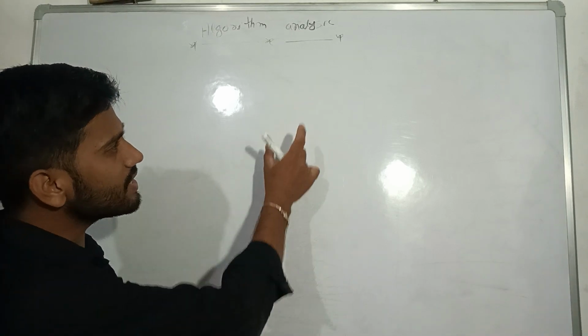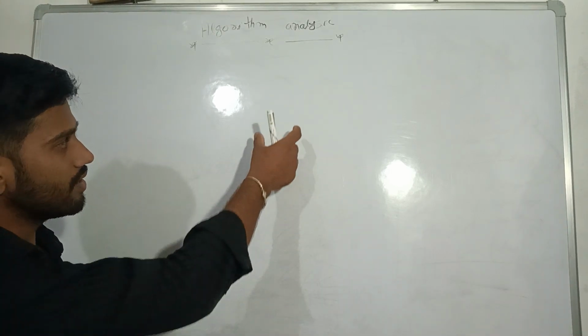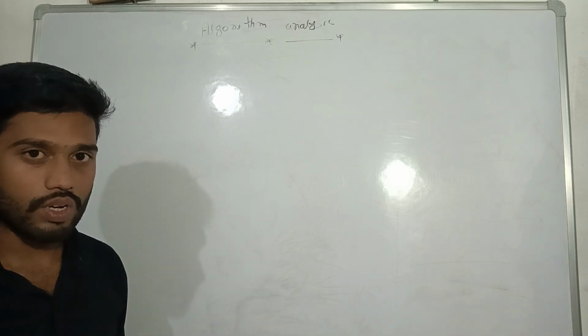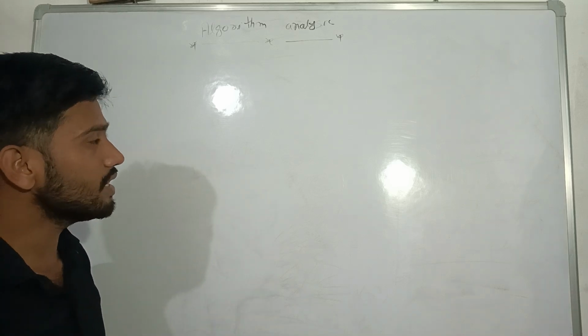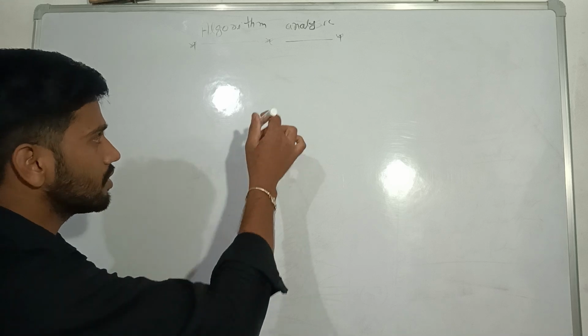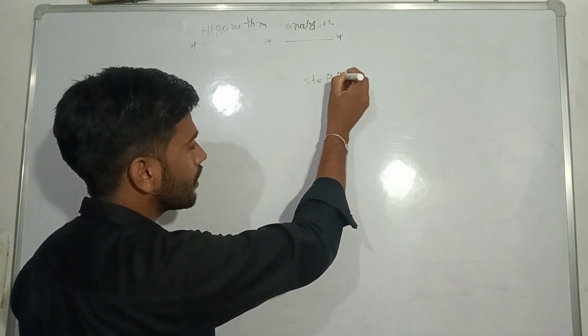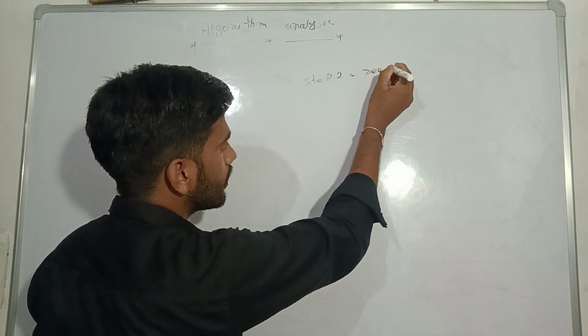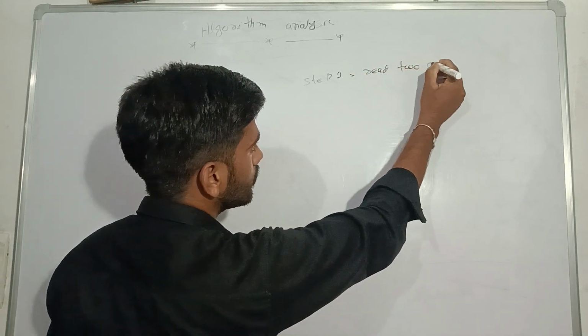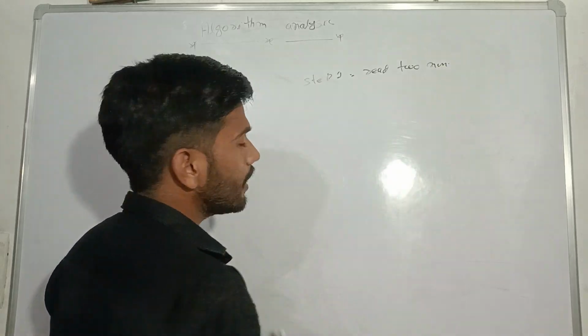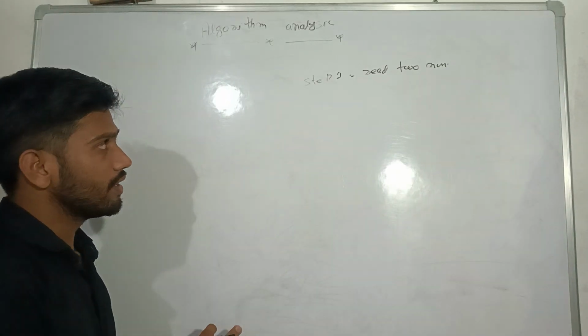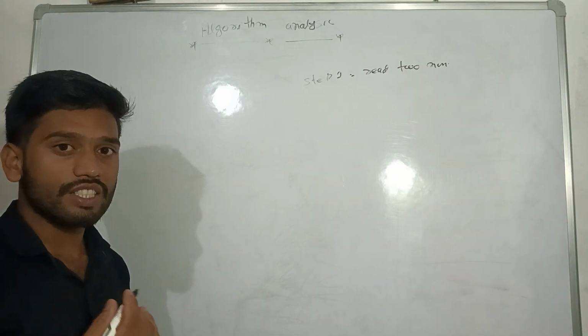Then all these steps are called an algorithm. Suppose that we have to find a sum. Step one, read two numbers.